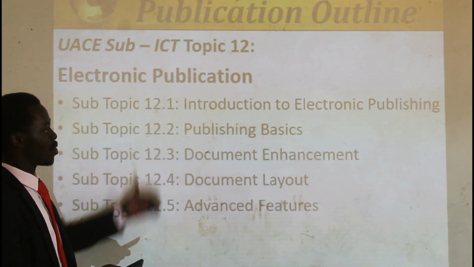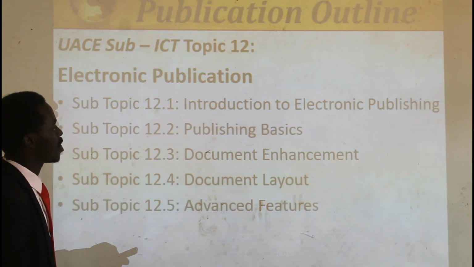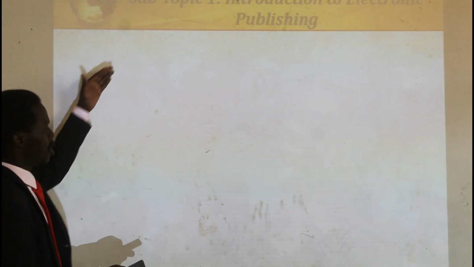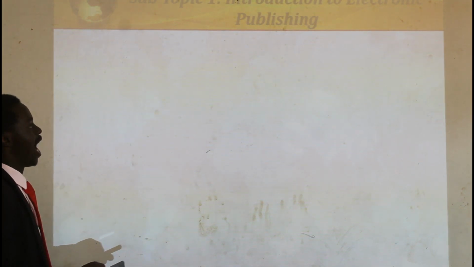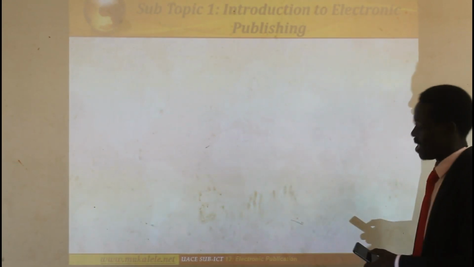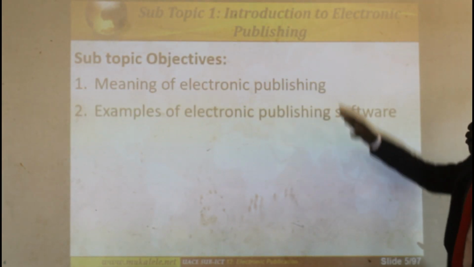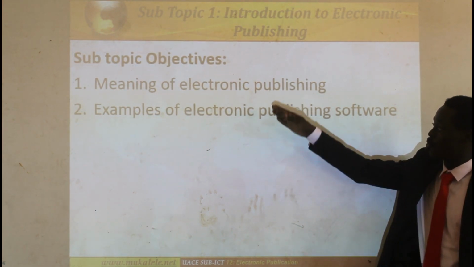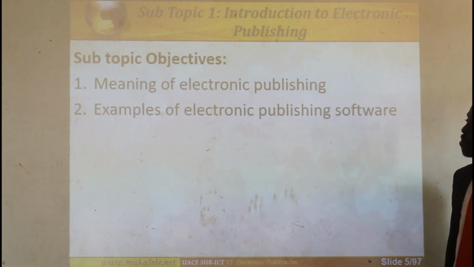Allow me to introduce the first subtopic, which is Introduction to Electronic Publication. It has a few objectives, a few parts that are very important that we are going to look at. When I finish electronic publication, you'll be in position to explain the meaning of electronic publishing.